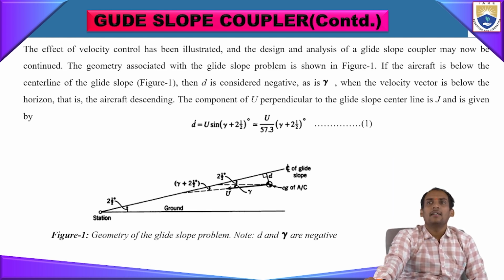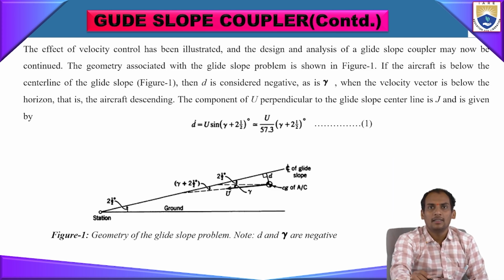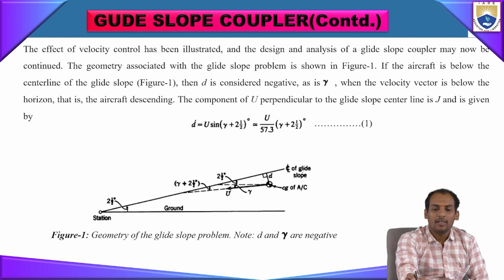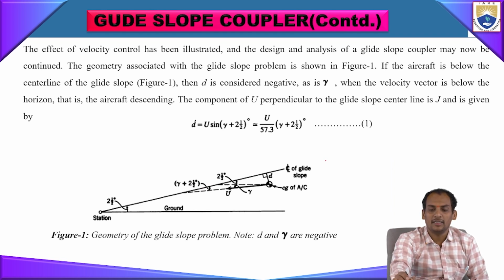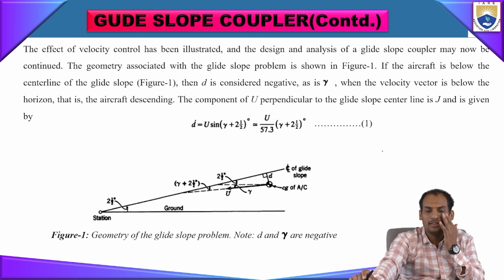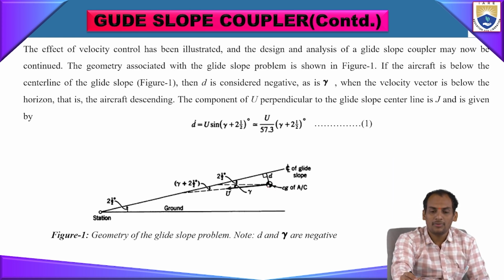Here you see the aircraft below the center line of the glide slope, with the ground, and as it approaches the glide angle of about 2.5 degrees, it changes with respect to alpha plus 2.5, and gradually the CG of the aircraft has an angle with respect to the reference line.